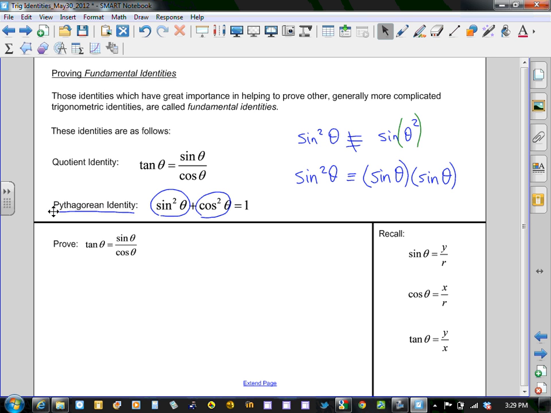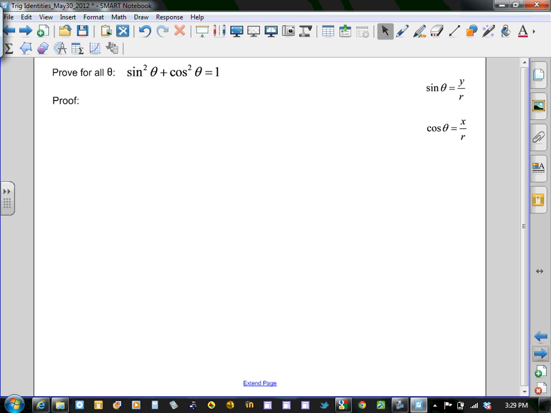So moving forward, let's have a look at this Pythagorean identity, and our task is to prove it. So let's begin our formal proof by separating the left side from the right side.